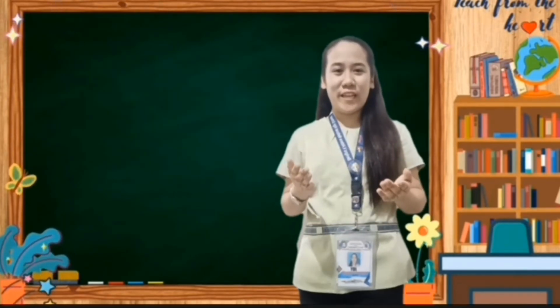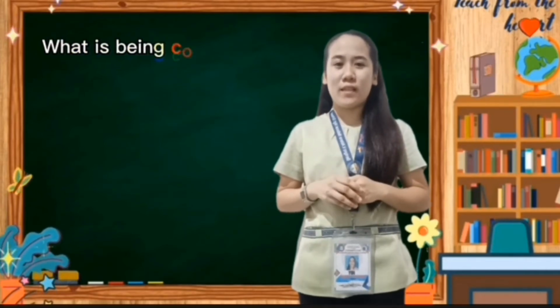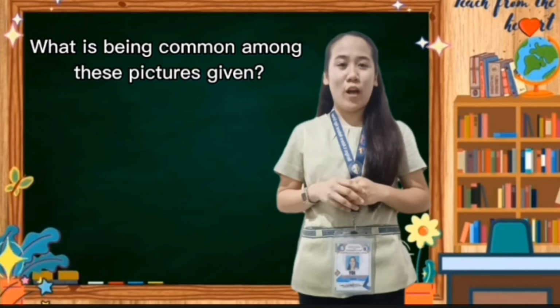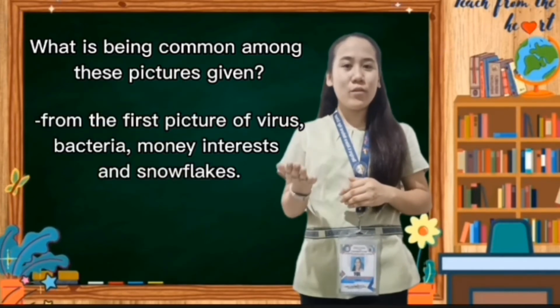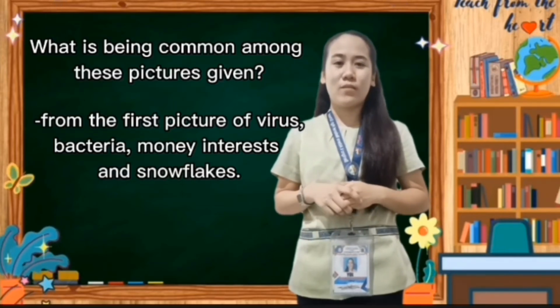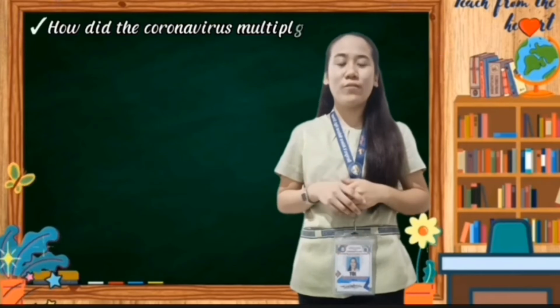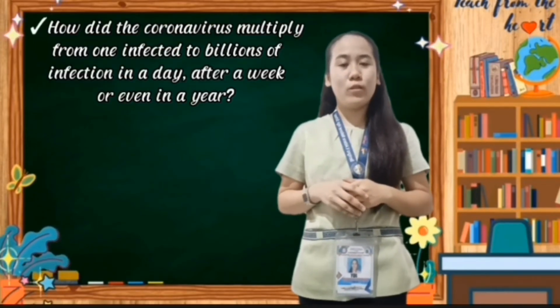Did you enjoy our short game? That's great. But based on the pictures given, what is common among each picture? From the bacteria, from the virus, from the interest, and from the snowflakes form. How does the coronavirus multiply or infect people all over the world?